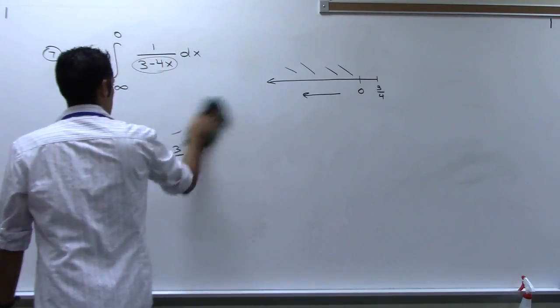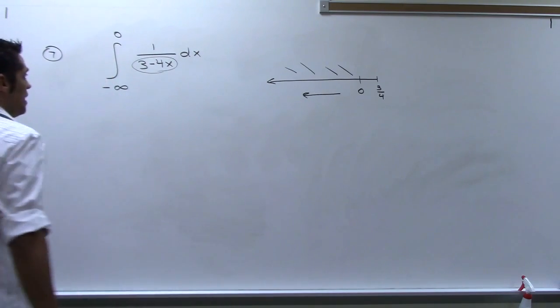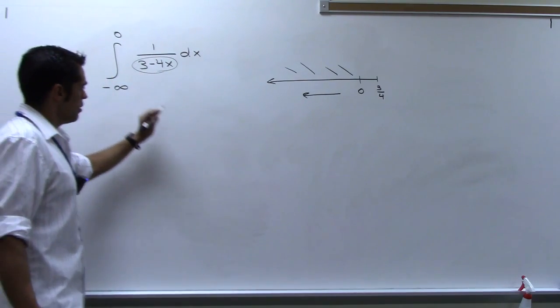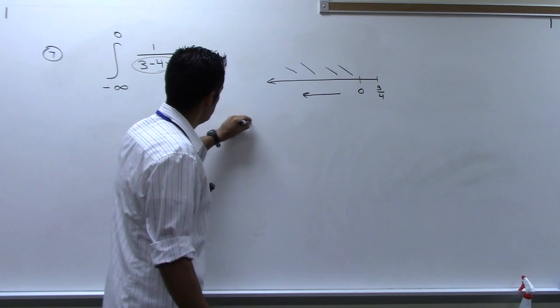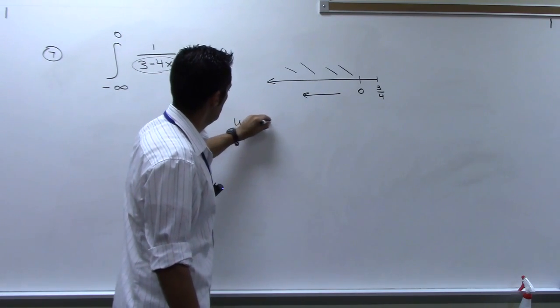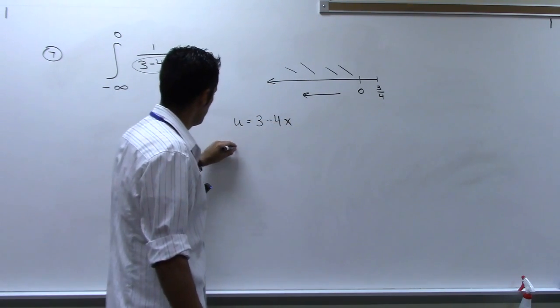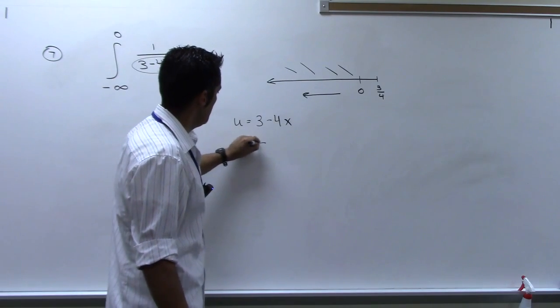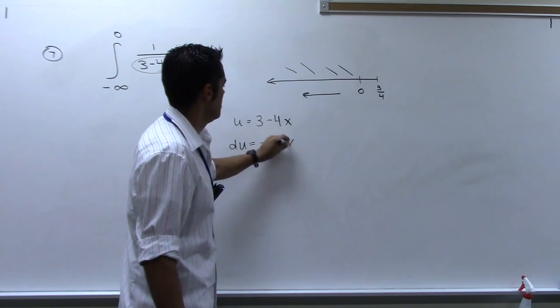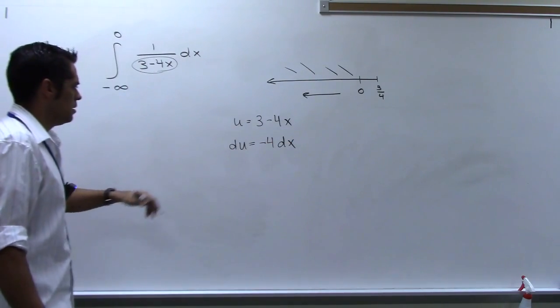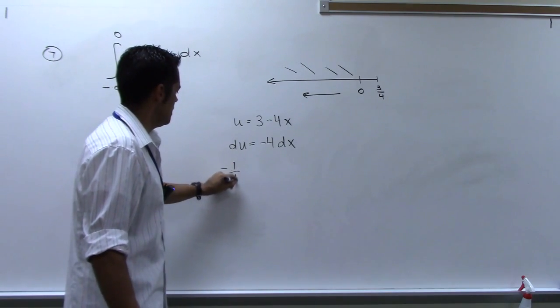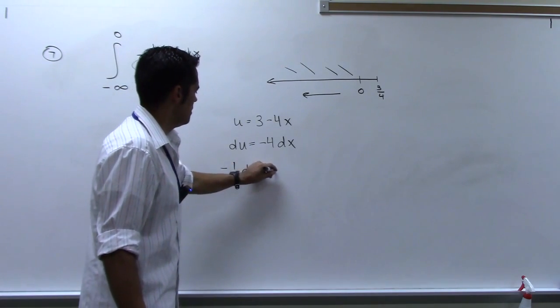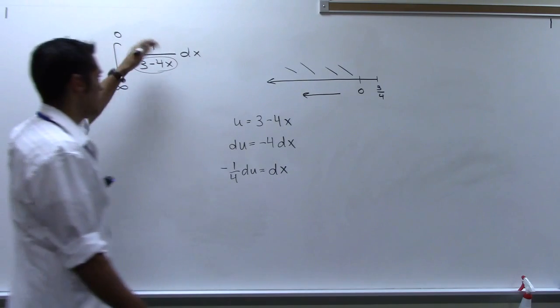All right, so next thing to do would be to determine the antiderivative of this. I'm not going to go through the work, but if you made a substitution, u equals 3 minus 4x, du would be -4 dx, and then -1/4 du is dx, and then you rewrite this.